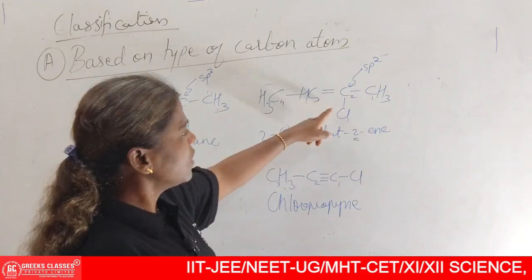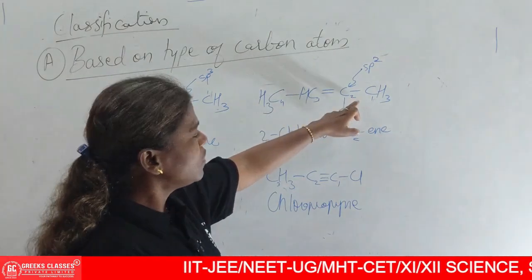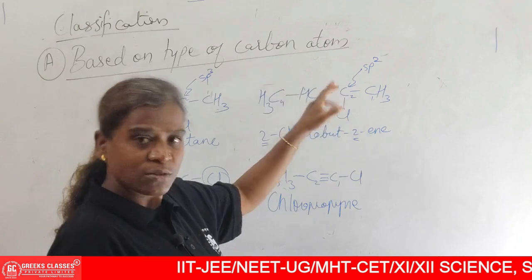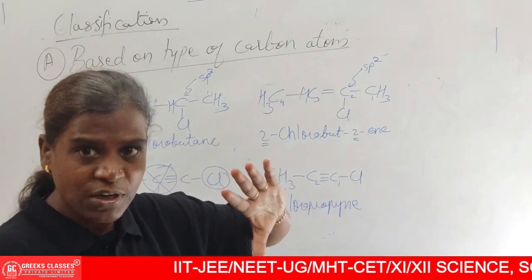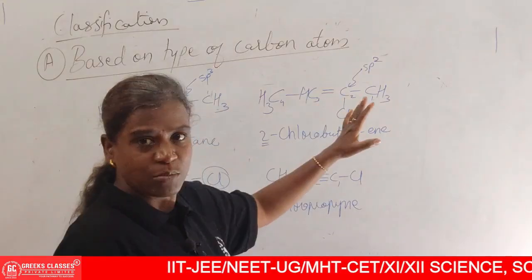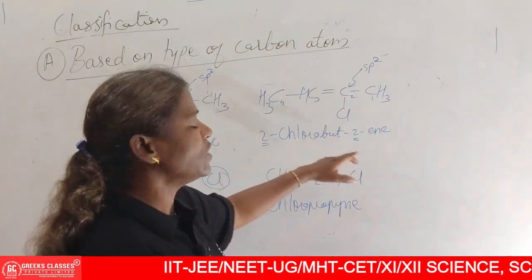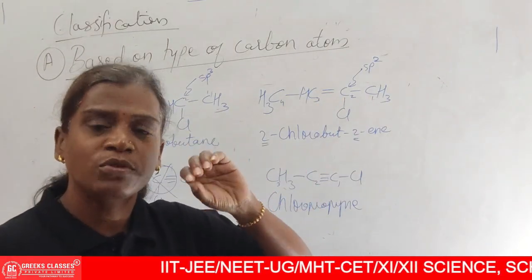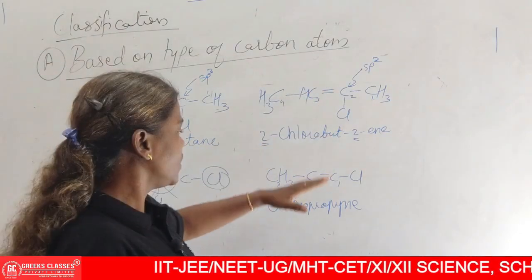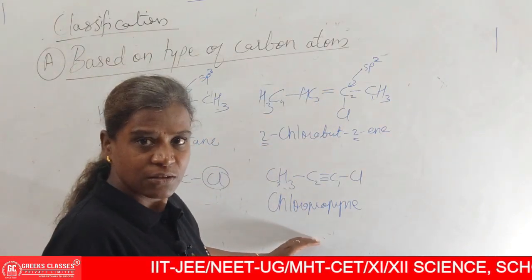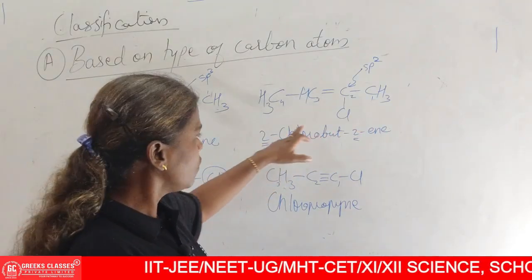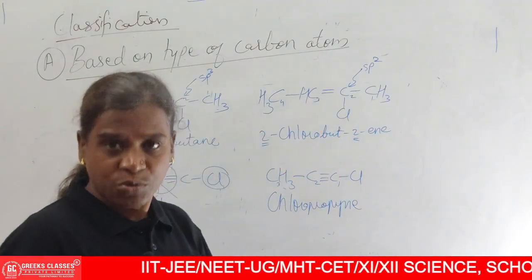One more thing, here in this system, it was the middle carbon that was having such unsaturated system, that means double bond was introduced, and also the substituent was present in the middle carbon. That is why you needed to mention the position of both, that is functional group. Over here functional group is alkene, over here functional group is alkyne. We must mention the position of double bond along with the position of the substituent.